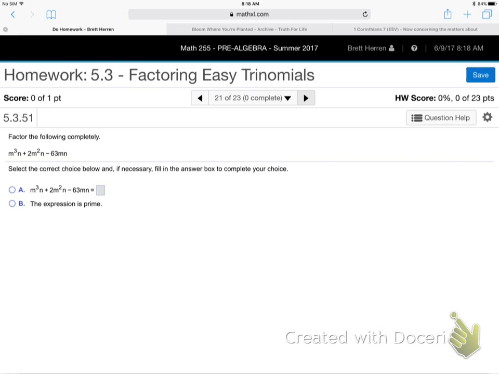Okay, so m cubed n plus 2m squared n minus 63mn. All right, try that one. Start with the one big parenthesis. One big parenthesis.